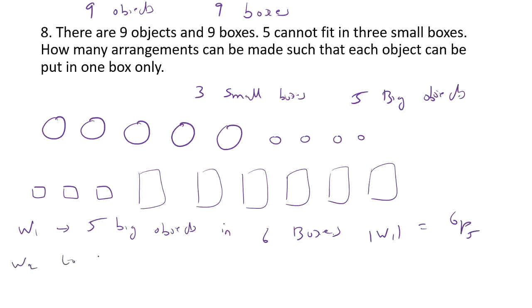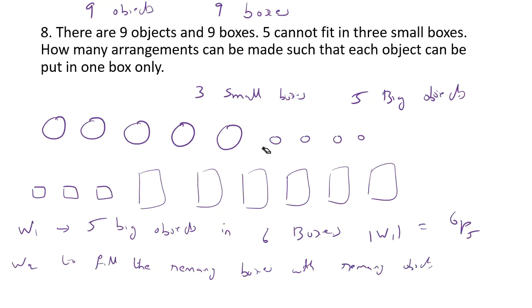Okay. Now W2 is to fill the remaining boxes with remaining objects. So how many objects are left out? 4. And how many boxes will be left out? 1 big box and 3 small boxes.